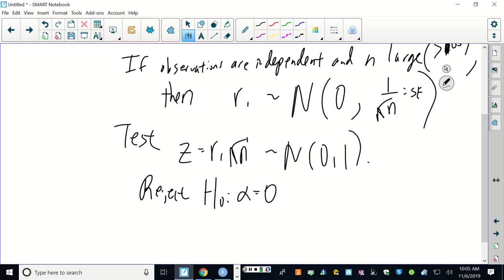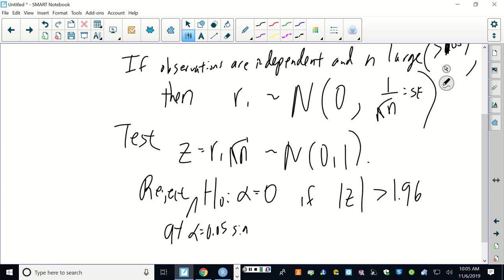Our autocorrelation is 0 if our z value is bigger than some cutoff. So this is rejecting at a different alpha significance level, if the normal deviation is far enough away.